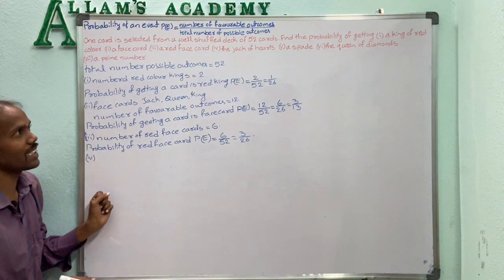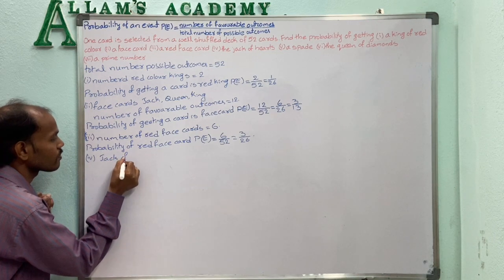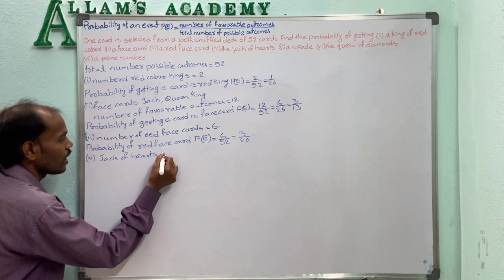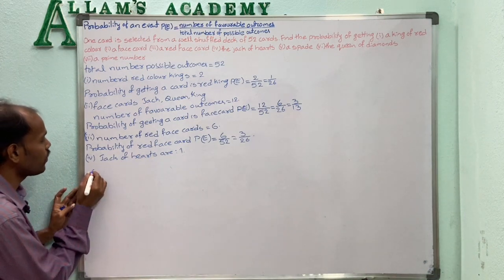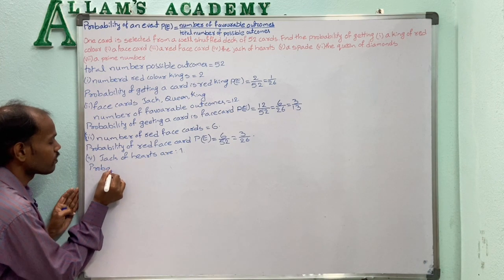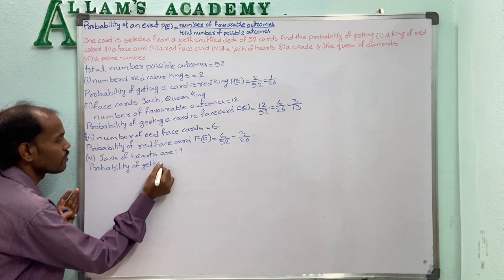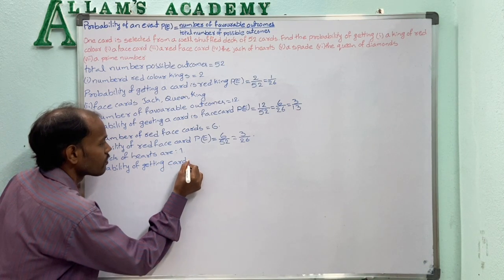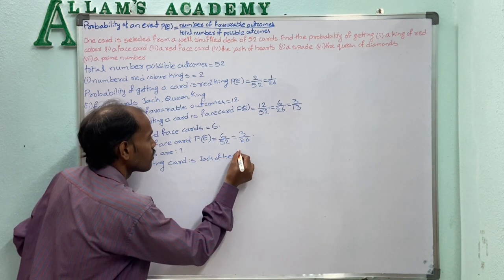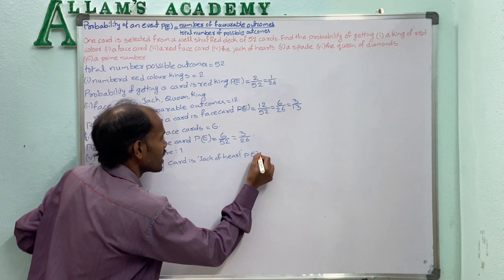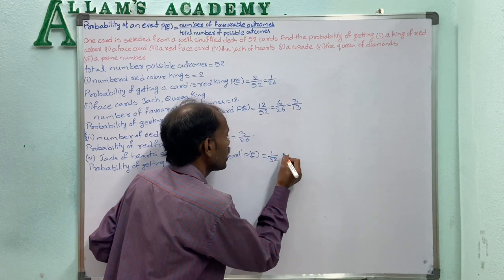How many jacks of hearts are there? Only the heart shaped one, so the number of favorable outcomes is 1. The probability of getting the jack of hearts: P of E is equal to number of favorable outcomes by total number of possible outcomes, that is 1 by 52.